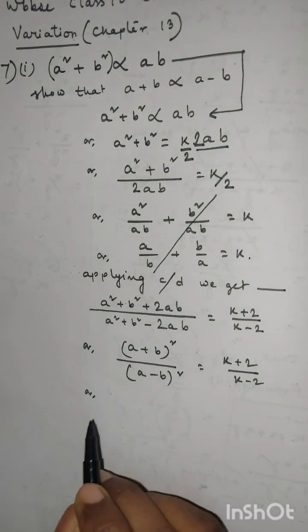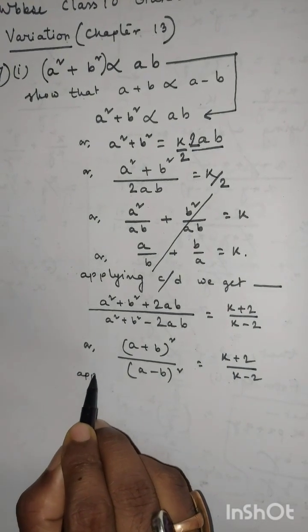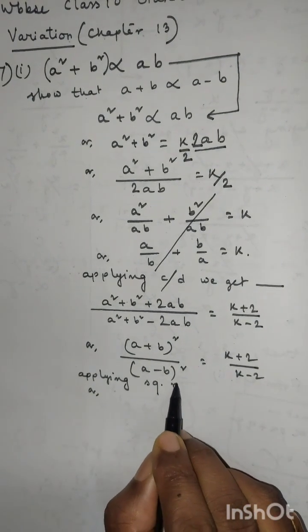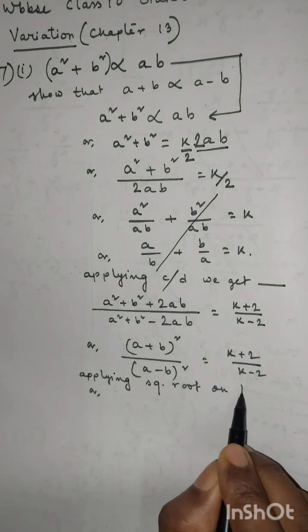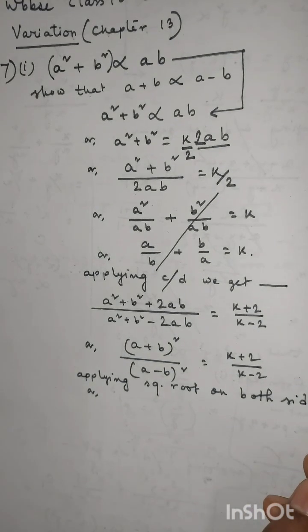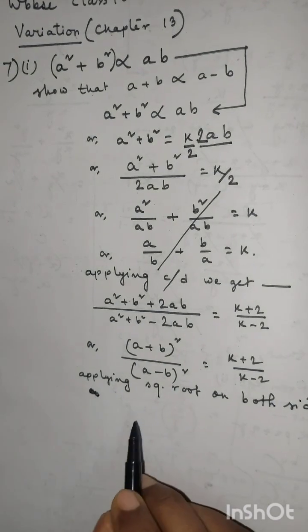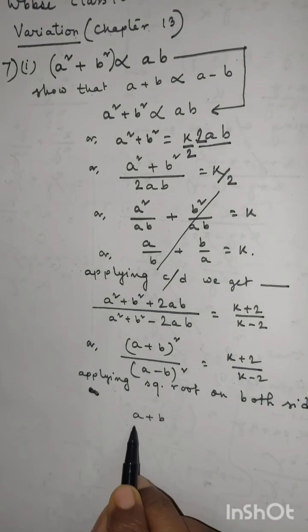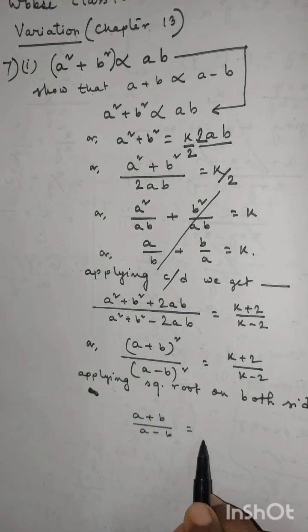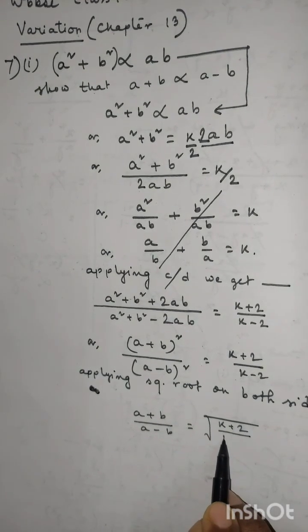Now applying square root on both sides, it becomes a plus b by a minus b equal to root over k plus 2 by k minus 2.